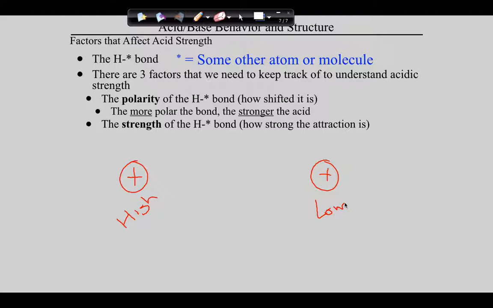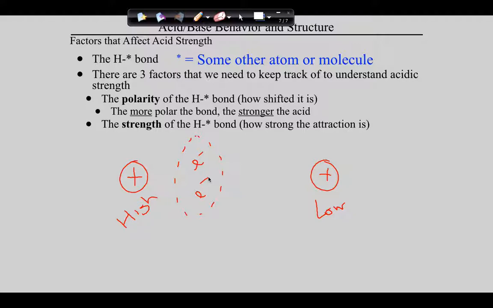So guys, when we draw a region of increased electron density, where are we going to draw it? In the middle? Where will it be? Shifted towards the left. So our region of increased electron density is going to be shifted towards the more electronegative element. So that is a reflection or an image of polarity.